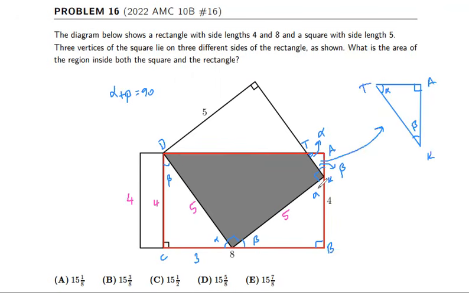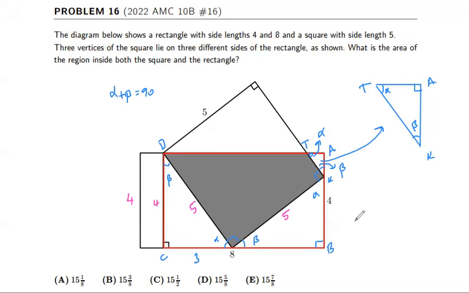Some people may say, okay, we have this is 5, and that means these two have to be 3, 4, like the legs. You could say that, but first I should say that this triangle right here and this triangle right here have the same hypotenuse, and we know they are similar.